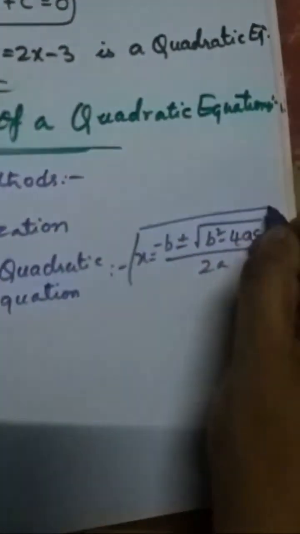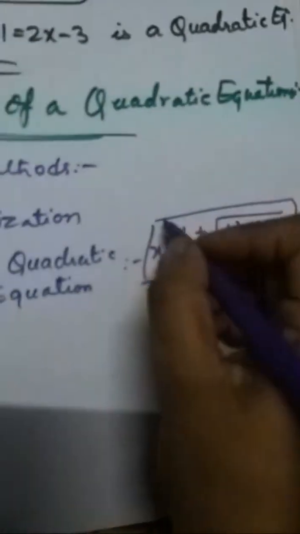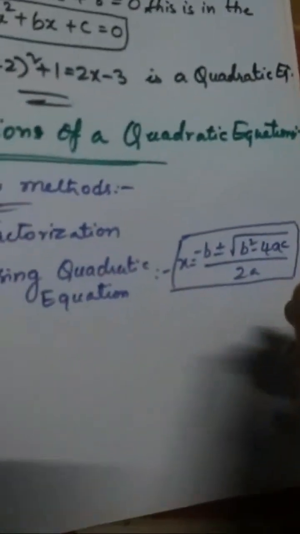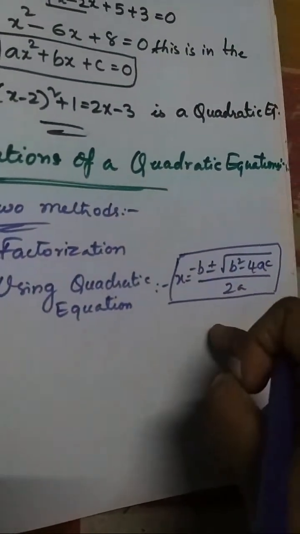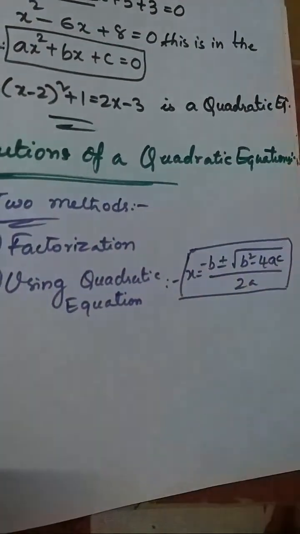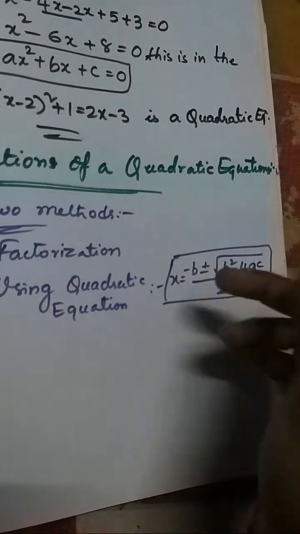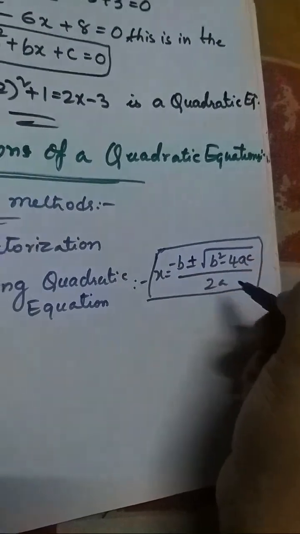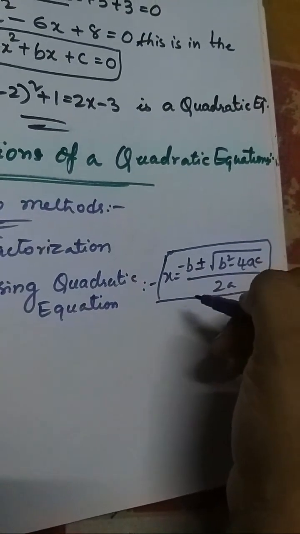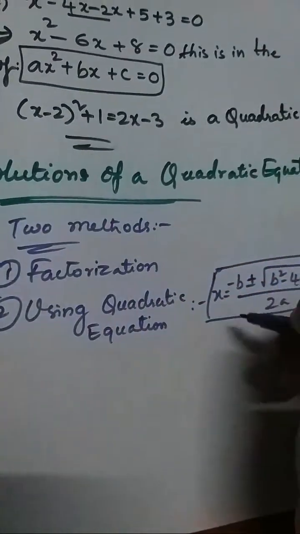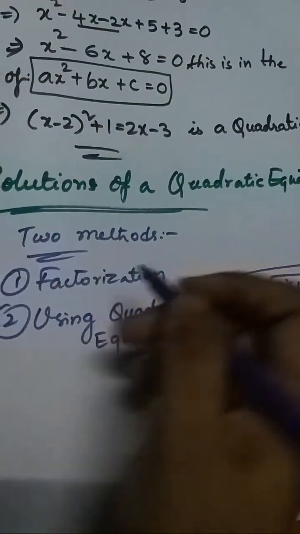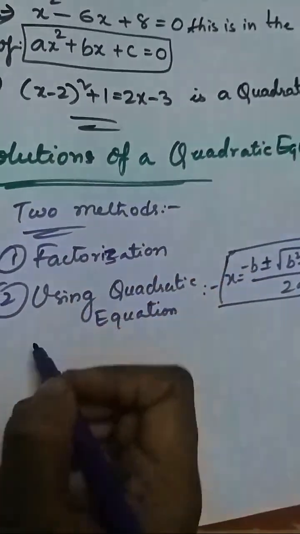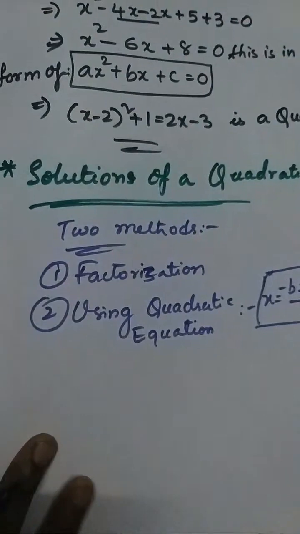This is the formula for finding the roots. By using this formula we find the roots, or the values of x. We get two values, since plus or minus is there, so we have to separate this plus and minus to get two values. Two roots we will get by using this formula. Factorization is one method and using the formula is another method.